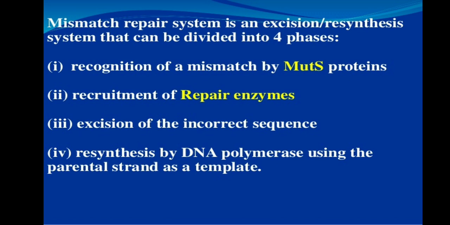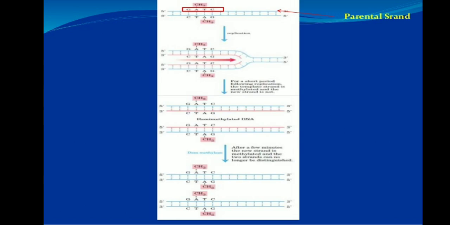This mismatch repair system is an excision and resynthesis system that can be divided into four phases: recognition of the mismatch by the mutase, recruitment of repair enzymes, excision of the incorporated sequences, and resynthesis by the DNA polymerase using the parental strand as a template strand.